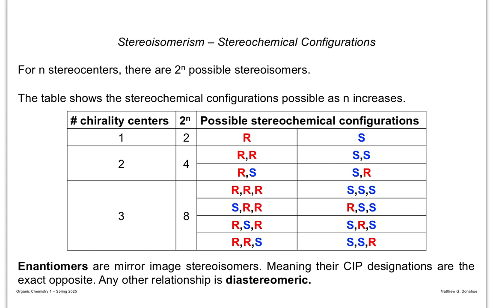So for N stereocenters, you can have 2 to the N stereoisomers. And then this table shows you the relationships. For one stereocenter, you get 2 stereoisomers, and the possibilities are pure R or pure S. So those are exact opposites, so they're enantiomers.